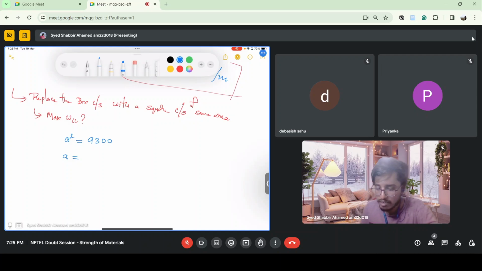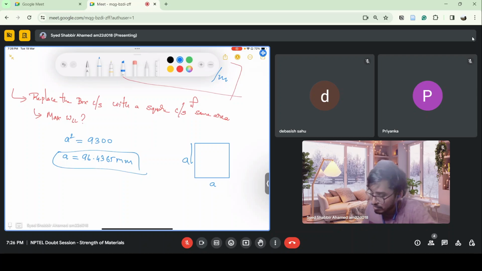I'll get the dimension of the square as 96.436, a equals 96.4365 something.